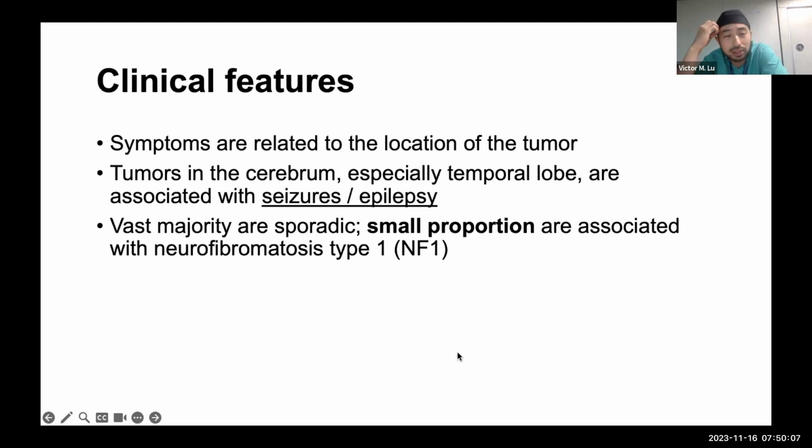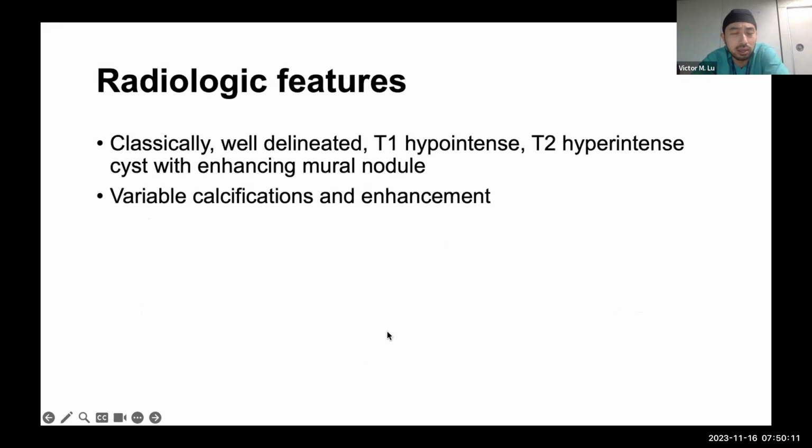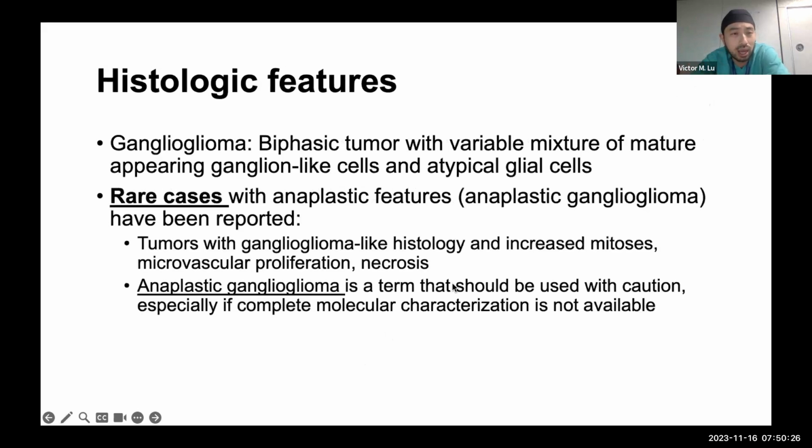Again, clinical features are related to the location of the tumor. I don't think there's a need to go over that again. What's interesting is when you look at the classic radiologic features of these ganglion tumors, they're well delineated cystic lesions with variations in enhancement and calcification, which is not what we saw in our case.